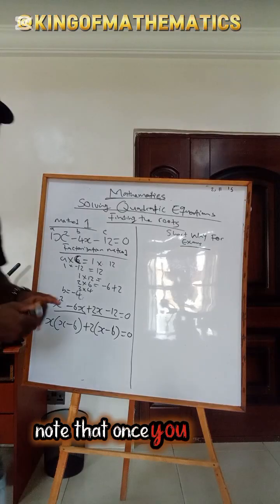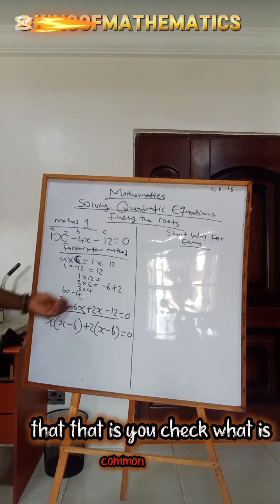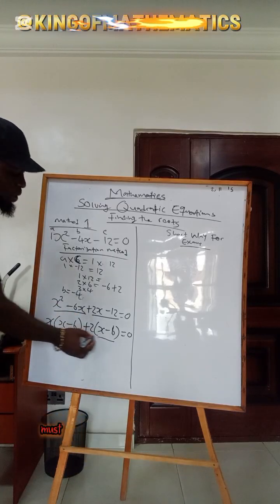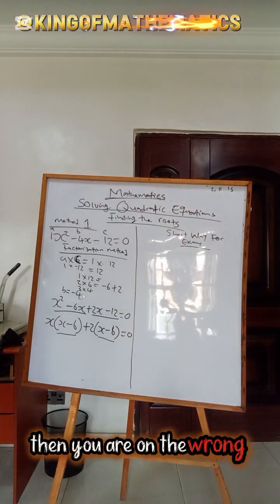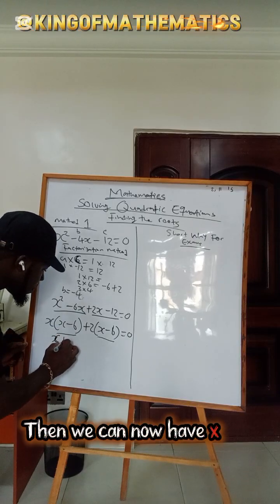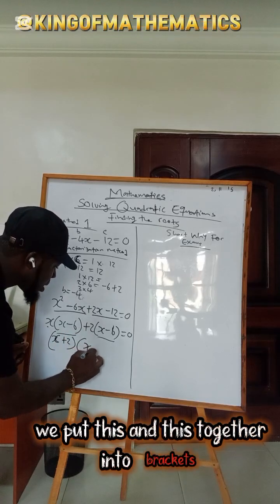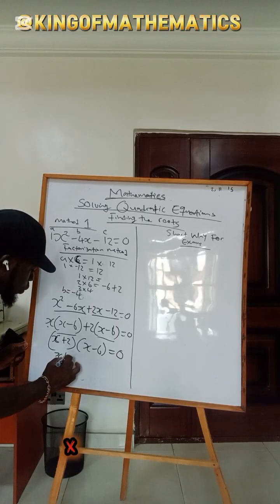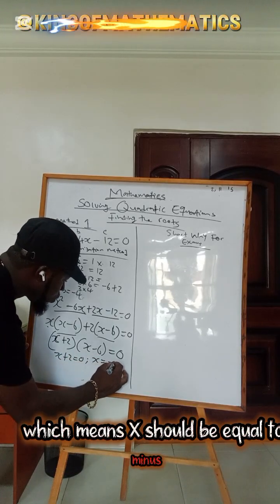Note that once you do this factorization, what you must have inside this bracket must be the same. If they are not the same, then you are on the wrong path. Now they are the same, so we can have x plus 2 into bracket x minus 6 equals 0. On the long run, x plus 2 equals 0, which means x will be equal to minus 2.